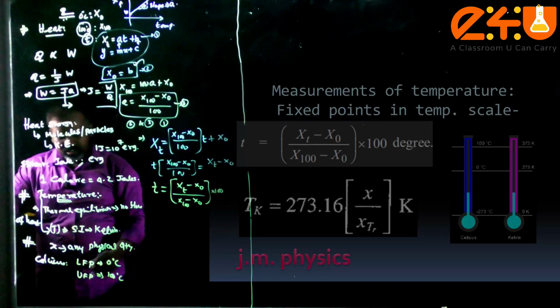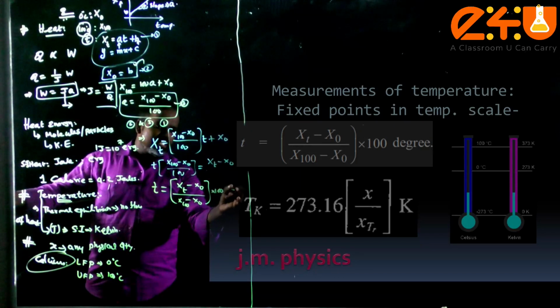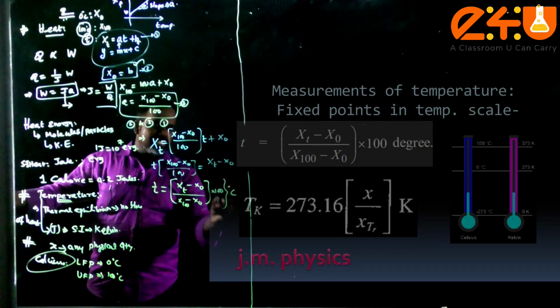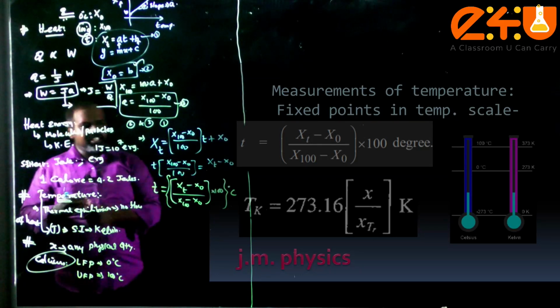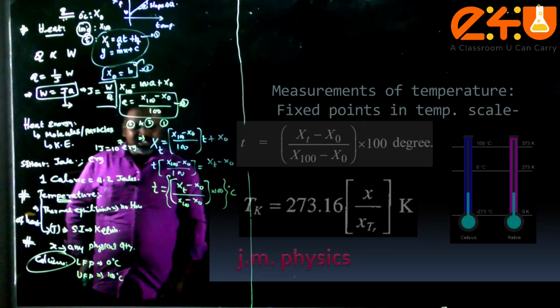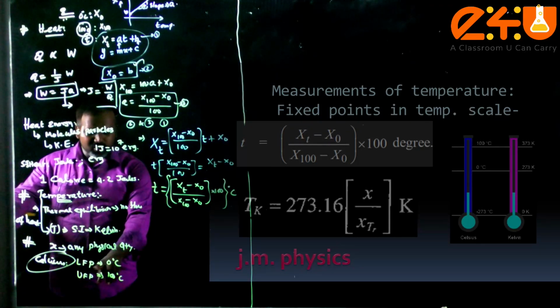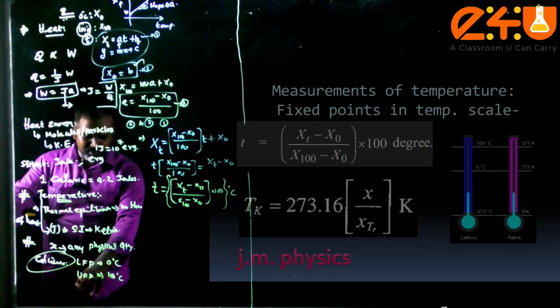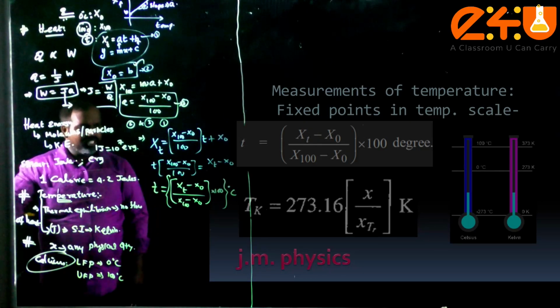Since all the quantities are measured for the Celsius scale, we can say that this is in centigrade. So this is the general expression for the temperature in a Celsius scale, where we are selecting the lower fixed point as the ice point, that is 0 degree, and the upper fixed point as the boiling point of water, that is 100 degree centigrade.